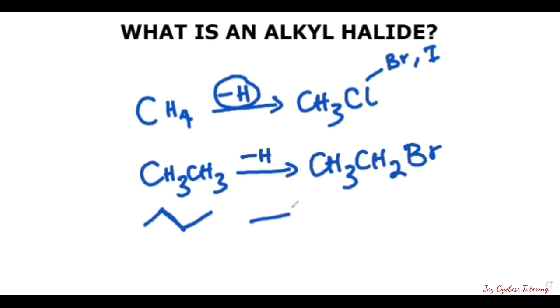Now, it loses one hydrogen. In line structure, you won't see the difference, but if we write it out, what will happen is that there will then be a halogen attached to where the hydrogen must have been lost.